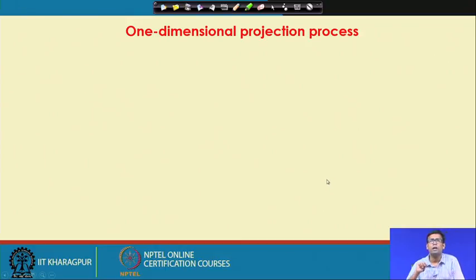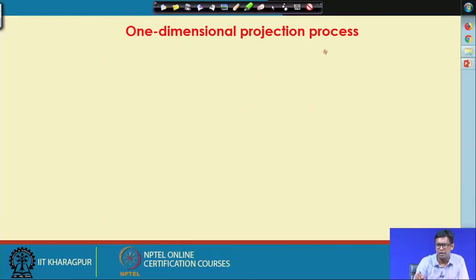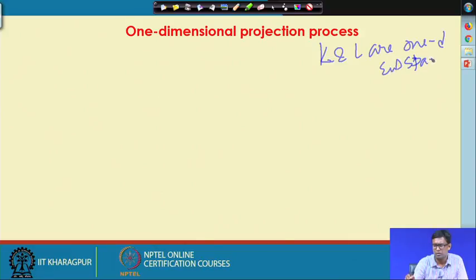Now, we look into the one dimensional projection process, in the sense that K and L are 1D subspaces in R n.